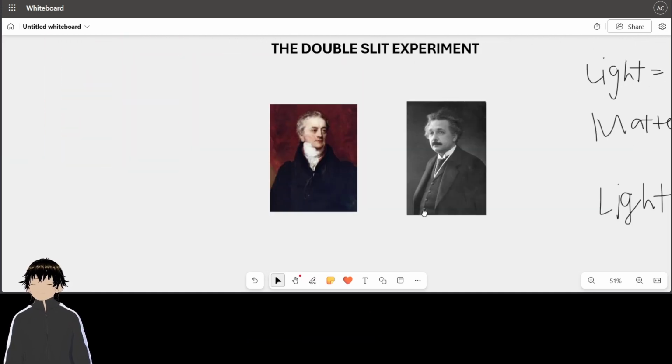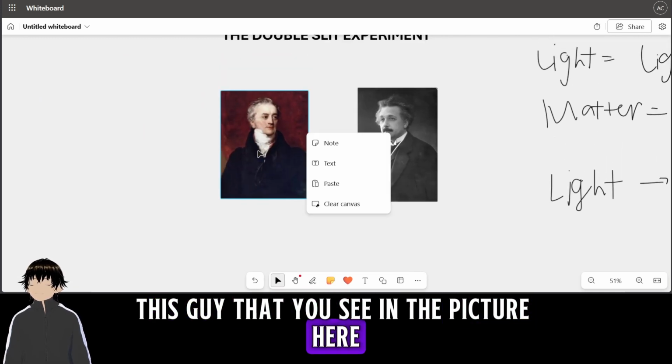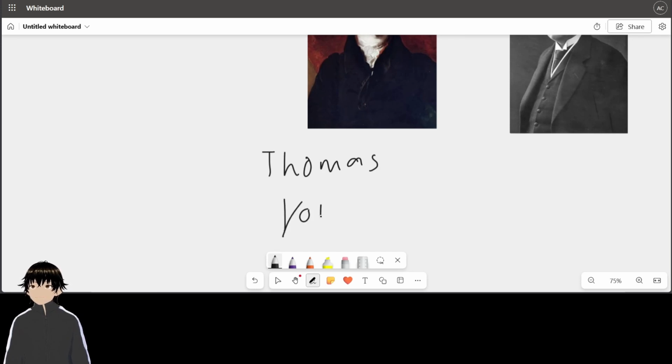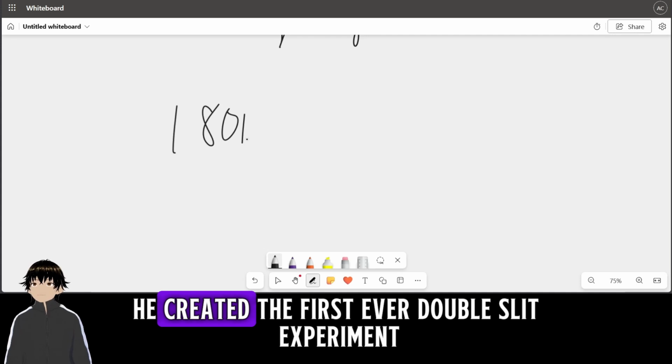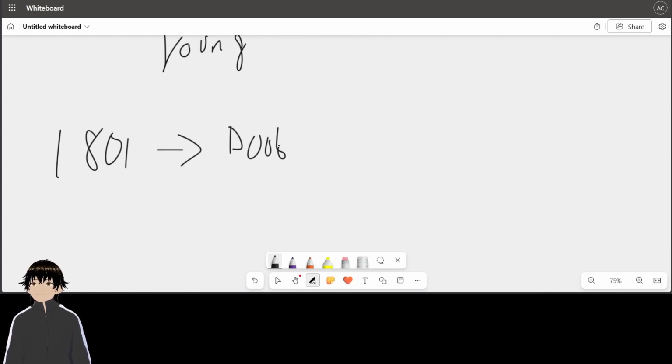Until this guy that you see in the picture here, his name was Thomas Young. In 1801, he created the first ever double slit experiment.